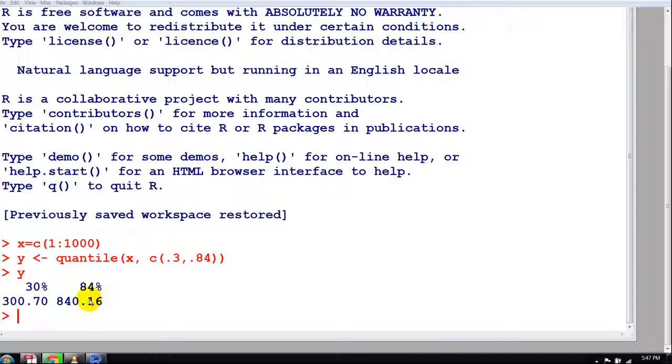I'm not quite sure why we have these numbers here, but I guess it's just the way it calculates it. We'd probably get the same thing if we tried it. So anyway, basically 300 and 840 are the 30th percentile score and the 84th percentile score.